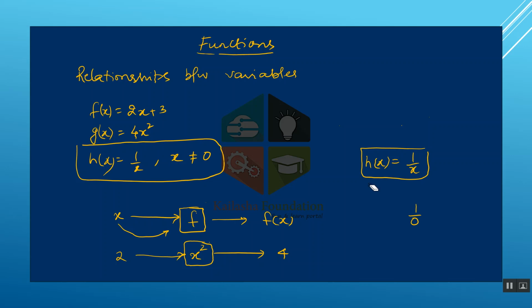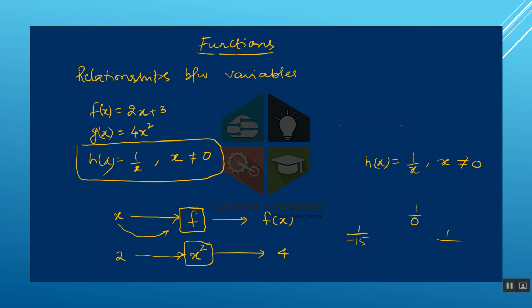But if we mention that it is a function which we have defined for x is not equal to 0, so we are not allowed to put x equal to 0 in this function. All other values are allowed, and if we put any other value, we are getting an answer. For example, 1 by minus 15, we are getting an answer.